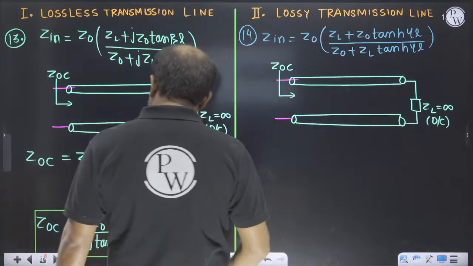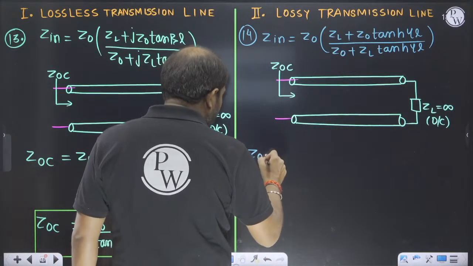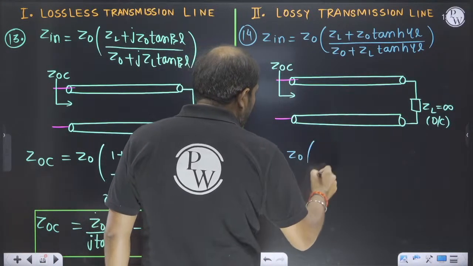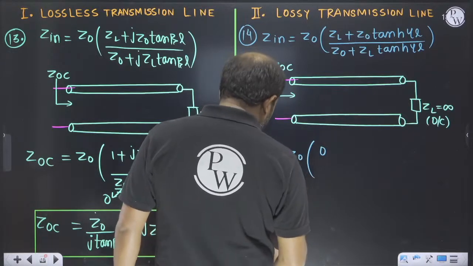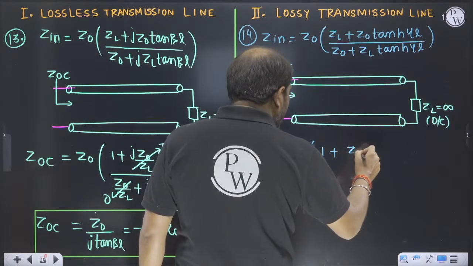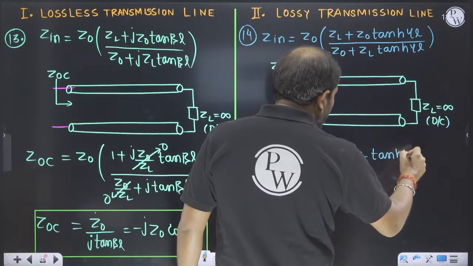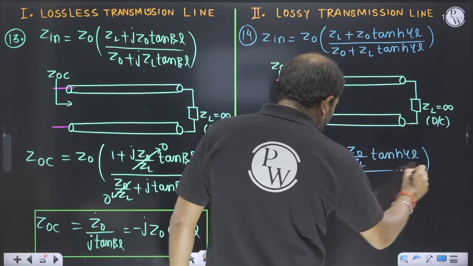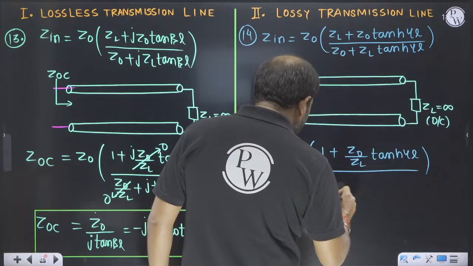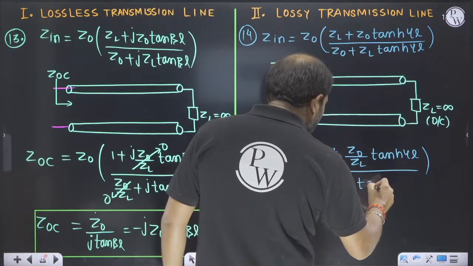It will be Z0 (1 plus Z0 by ZL tanh gamma L) divided by (Z0 by ZL plus tanh gamma L).